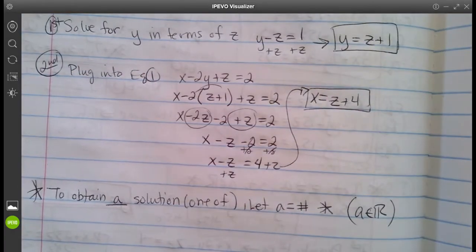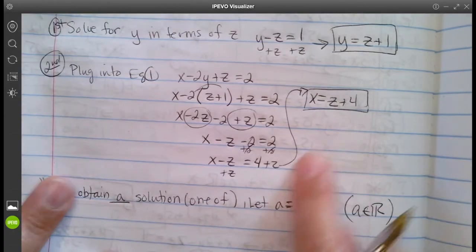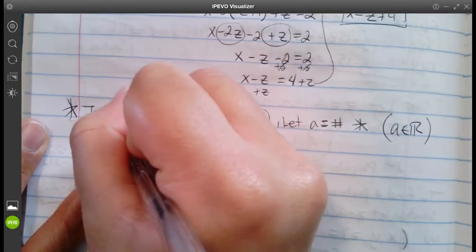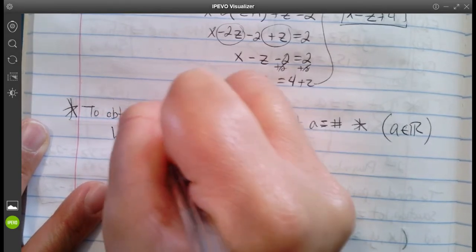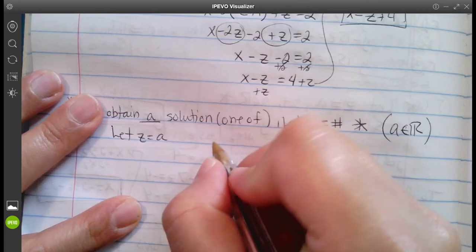And it works similar to the one we just did. So to obtain a solution, we can do what we did in the previous example, where we let z equal a, and then write out expressions that give us that solution. Just like before, we let z equal a, and then you would have the following solutions.